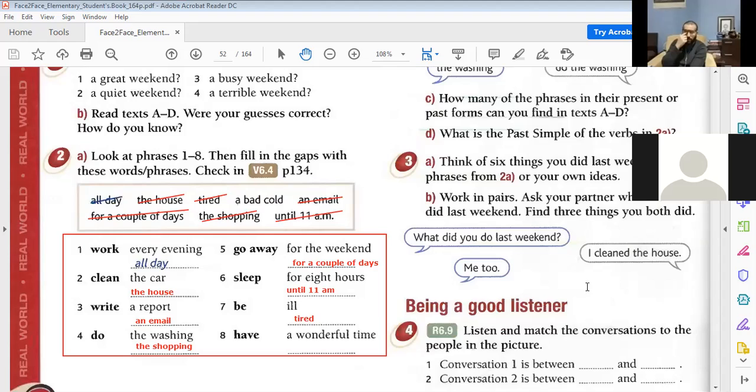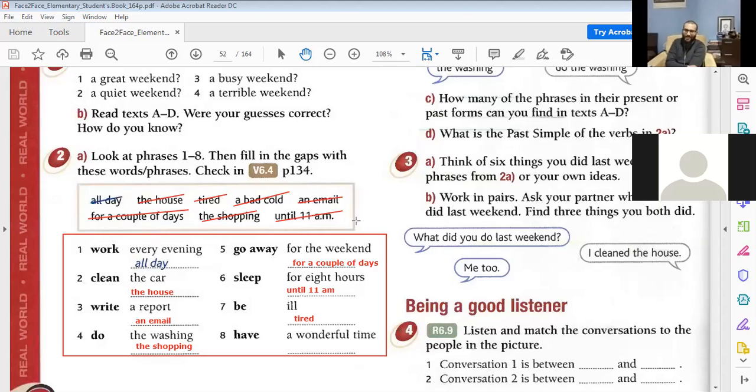And you can have a wonderful time or have a bad cold. Bad cold. Of course, you don't have to say bad cold. You can just say I have a cold, right? But when we say bad cold, it means it's strong, right? So when we say I have a bad cold, it's like a very strong cold, like Corona.